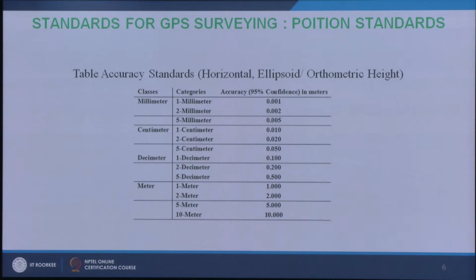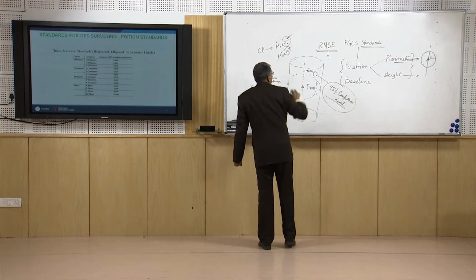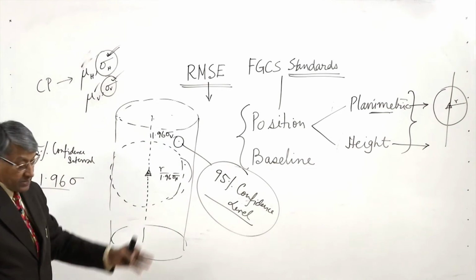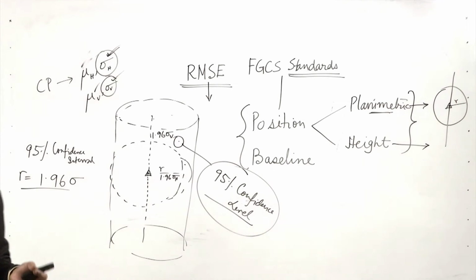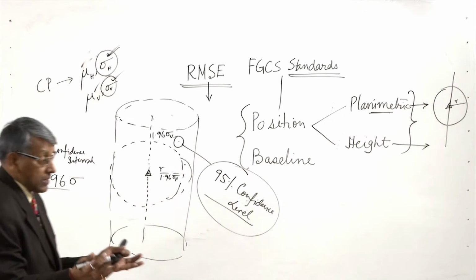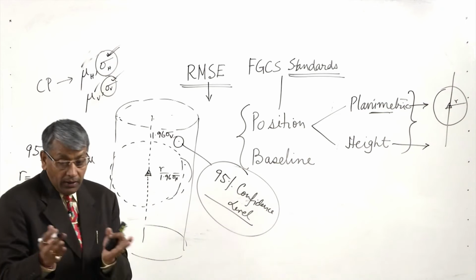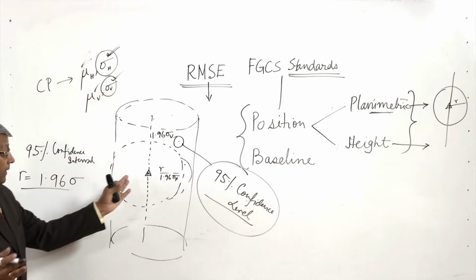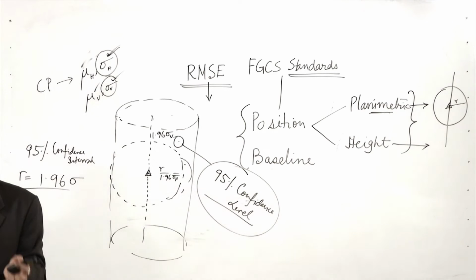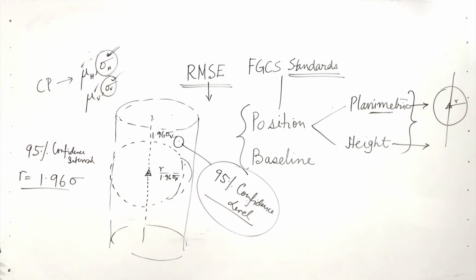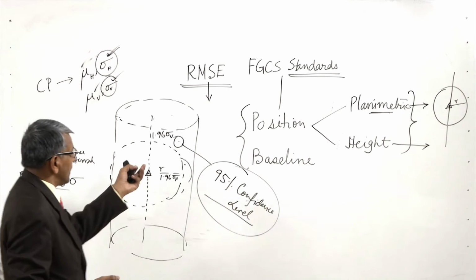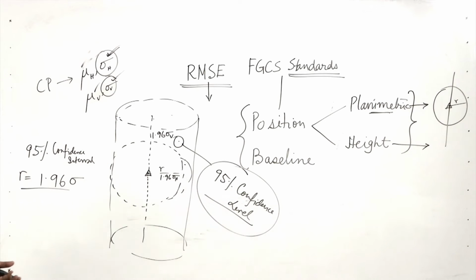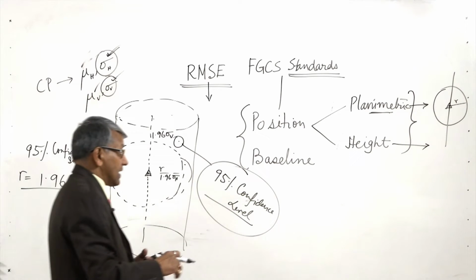So depending upon these values, we can have our 95% confidence cylinder bigger or smaller. Depending upon how big or how small this confidence cylinder is, within which the unknown position lies, we will say that this is the level of accuracy, that is the level of standard.